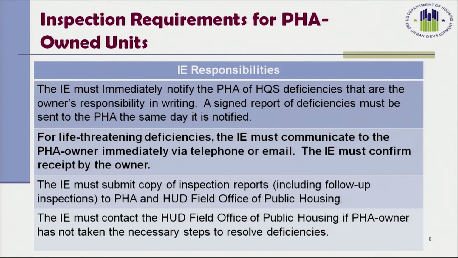The independent entity must confirm receipt by the owner. The independent entity must submit a copy of inspection reports, including follow-up inspections, to the PHA and HUD Field Office of Public Housing. The independent entity must contact the HUD Field Office of Public Housing if PHA owner has not taken the necessary steps to resolve deficiencies.